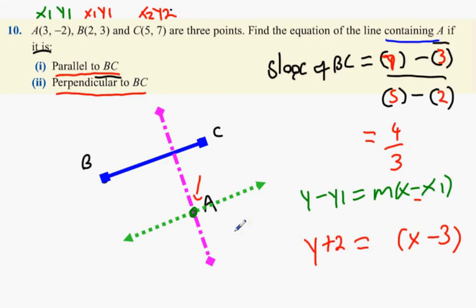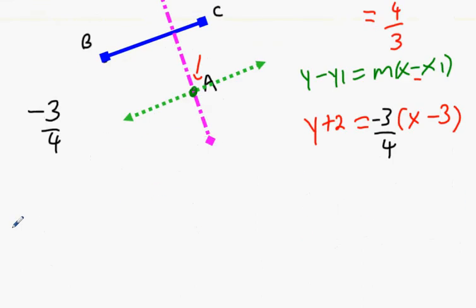Now the m value is different because it's not in the same direction as the green line. So how do I find the new slope? You turn it upside down and change the sign, so it's minus 3 over 4. Now, what do I do this time? The other side's going to have a, you multiply that, we'll do the same order. Minus 3x plus 9 all over 4.